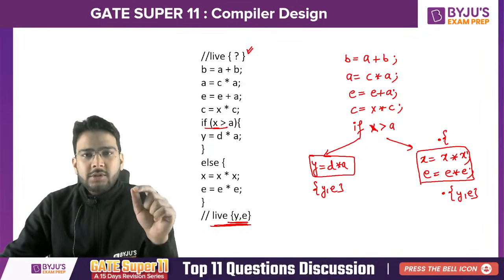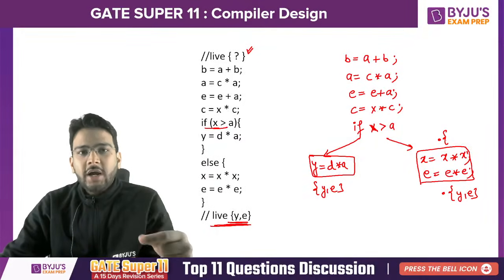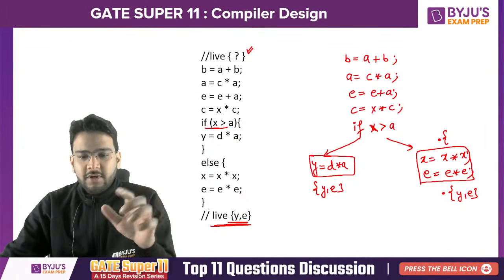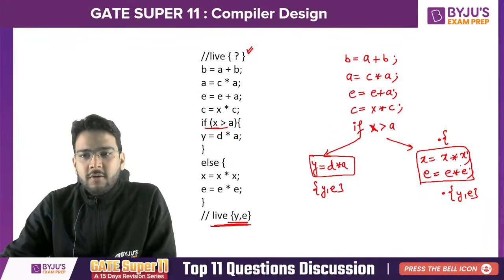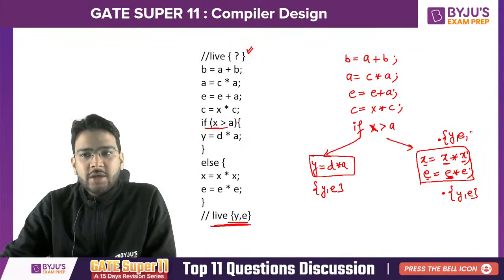The variables which we are reading first before writing, that will be the live variable here. Now here if you see Y and E, Y is there. What about E? First we are reading the value of E, then only we are writing, so E will be a live variable here. What about X? First we are reading the value of X, then only we are writing, so X will also be there.